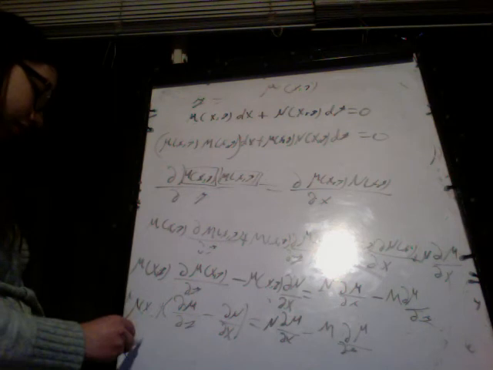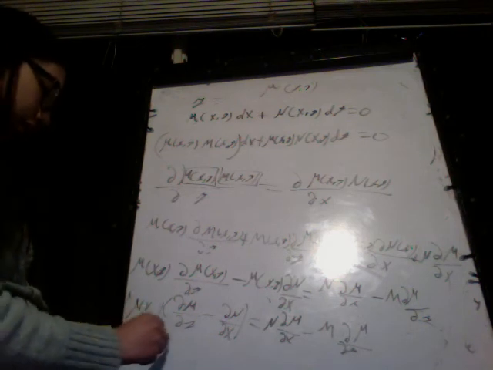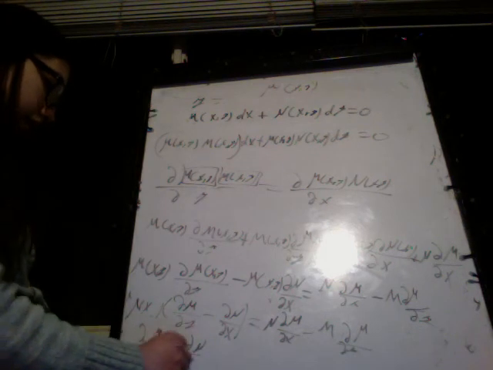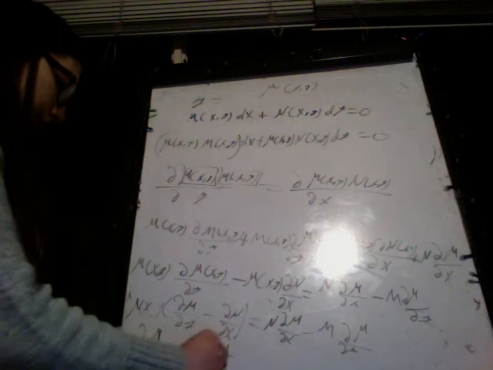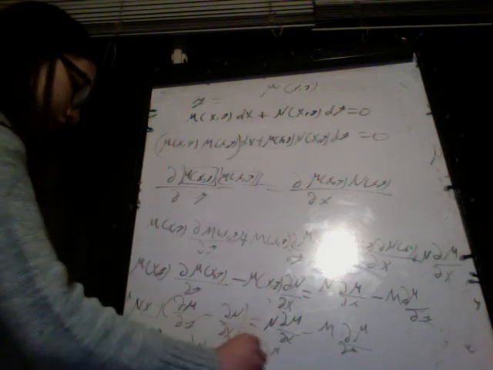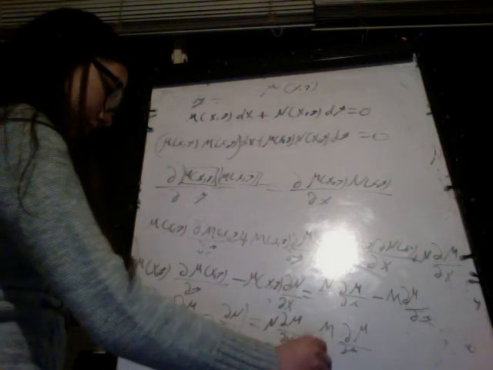So you have partial M in the y minus partial N in the x is equal to 1 divided by mu times N partial mu in the x minus N partial mu in the y.